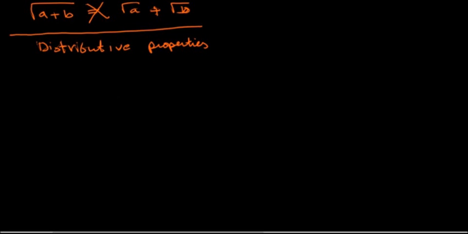So first one of these, let's say you have A times (B plus C) in parentheses. Then this A can be distributed out to the things that are in the parentheses. So A times B plus A times C.